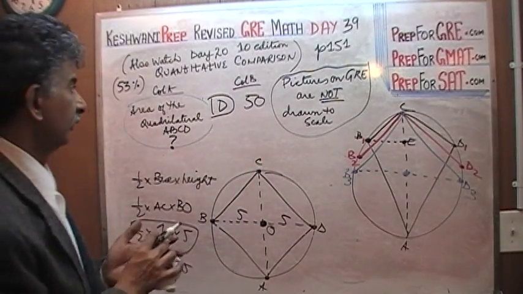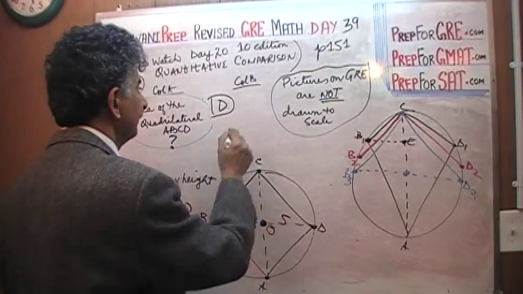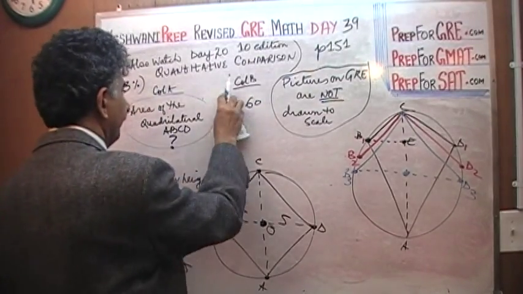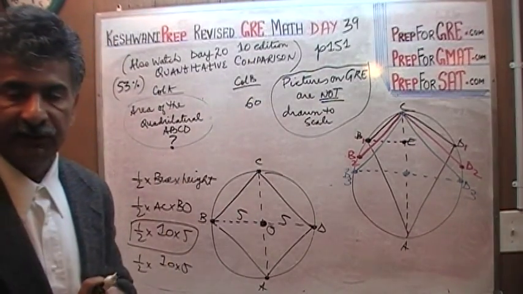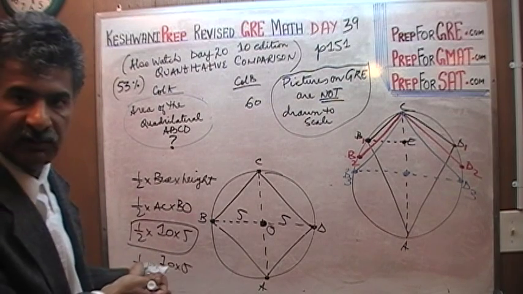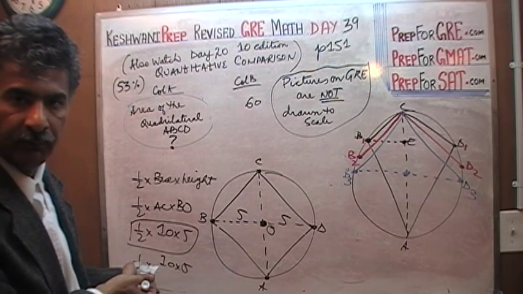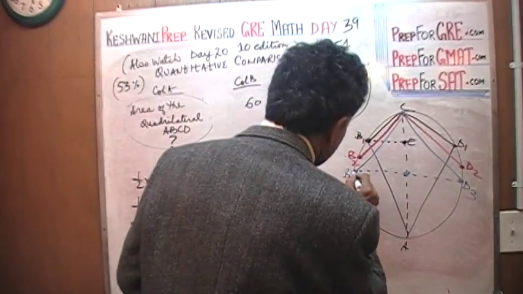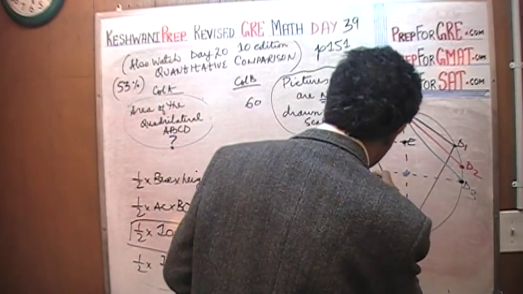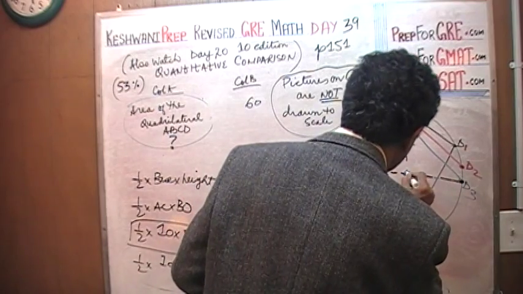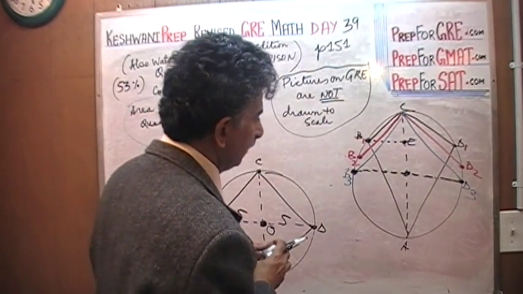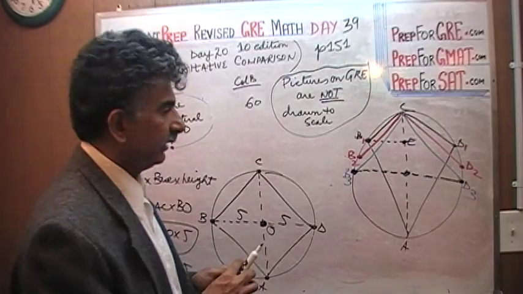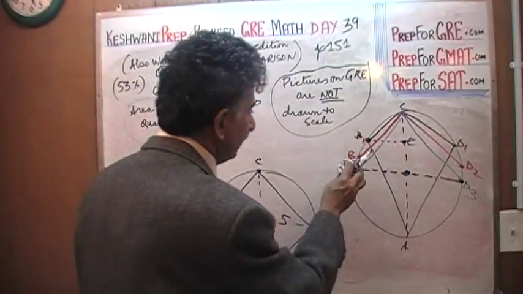Now here's the next question. What if instead of 50 in this column we had 60? If we had 60 in the second column, now that we know that the maximum area that this quadrilateral can have is 50, that's when B falls here and D falls here, and they draw a line that goes through the center, and it turns into a nice square, in which case the area is 50.